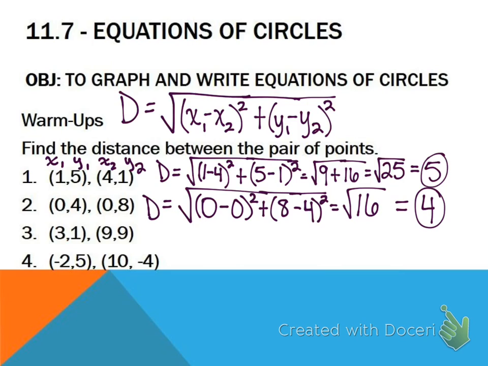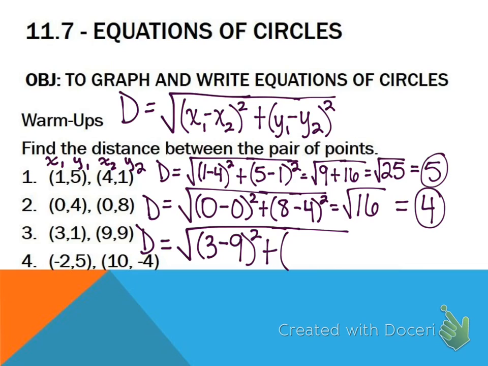All right, number 3. Distance equals square root. Give me an x. 3 minus, give me the other x. 9 squared. Plus, now this time when you give me a y value, you have to give me a certain one. Which one does it have to be? It has to be the 1. If we started with the 3 in our first parentheses, we have to start with the coordinate that's matched up with the 3, which would be a 1. So those both have to go in the fronts.